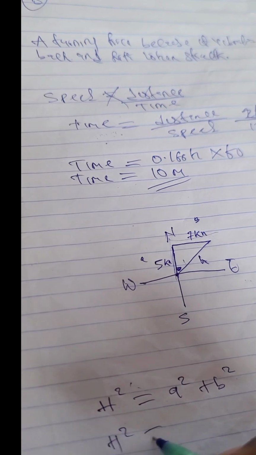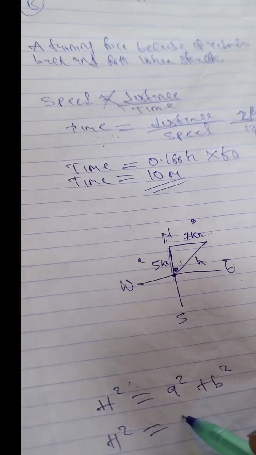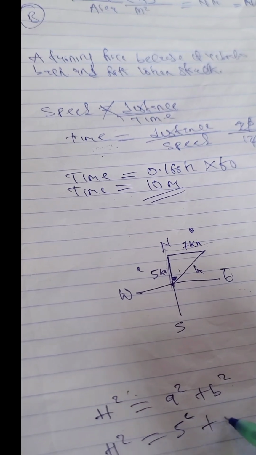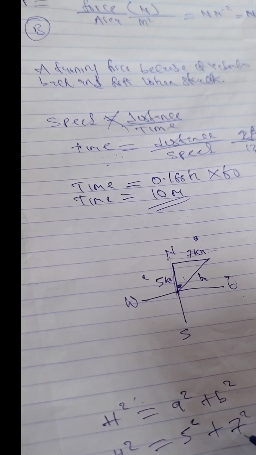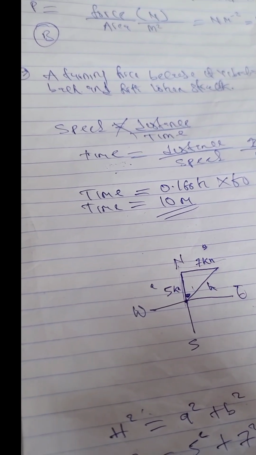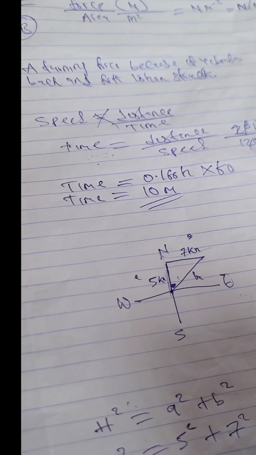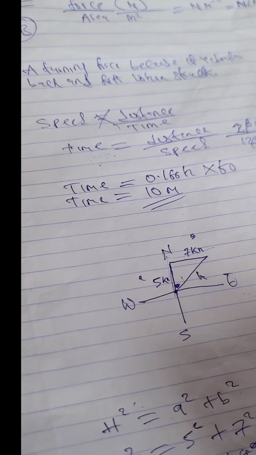So H square equals 5 km square plus 7 square. So H square equals 5 times 5, 25, 7 times 7 should give you 49 if I'm not mistaken.